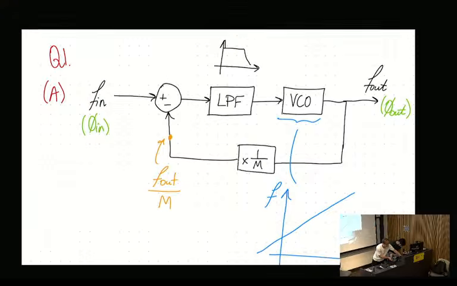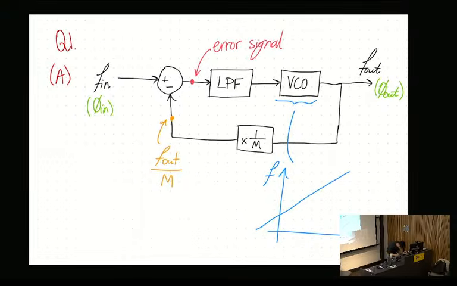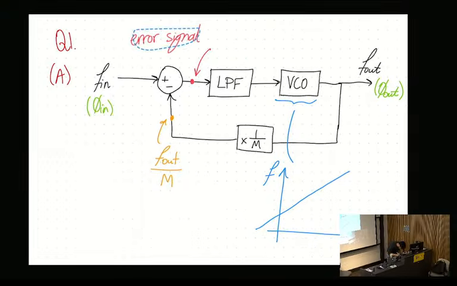What's generated here is what we call the error signal. If you've done control, that seems very familiar. It's functionally just comparing, subtracting the divided output from the input.